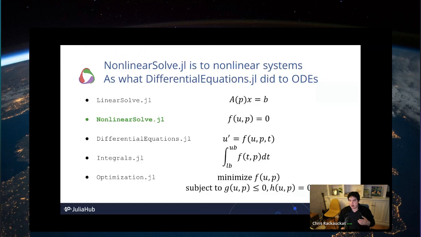So that really means that what we've done with NonlinearSolve is we made it integrate with everything else. Anyone who's using other parts of these libraries, the differential equation solvers or optimization methods, can almost brainlessly just guess the syntax and do the same thing, and it should end up working.